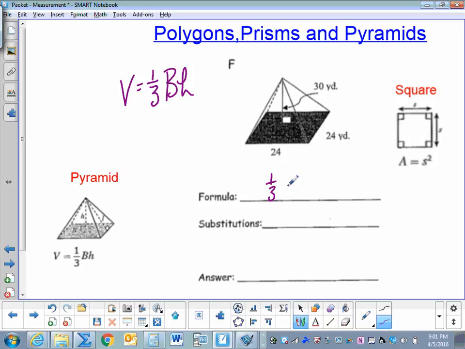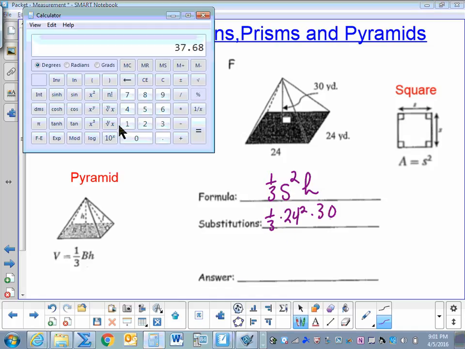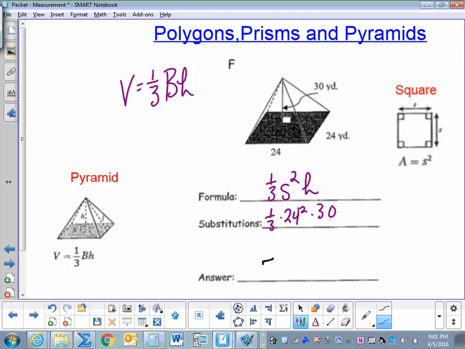So it's 1/3 side squared times the height. 1/3 times 24 squared times 30. So I know 1/3 of 30 is 10. So 24 squared times 10. It's 5,760. And it's going to be cubic yards.